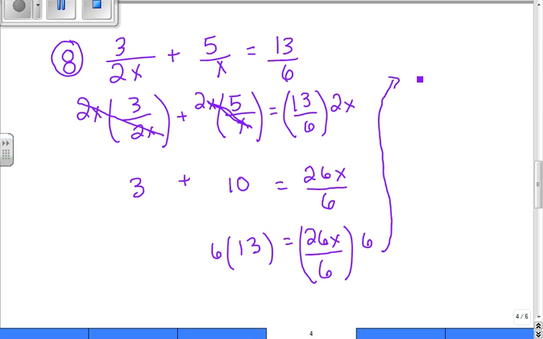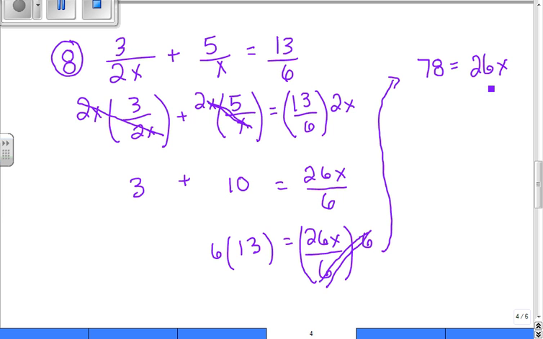Okay, 13 times 6. Well, 13 times 5 is 65. So 13 times 6 is going to be 78. 78 is going to equal 26x because our 6 is canceled. That was the point.